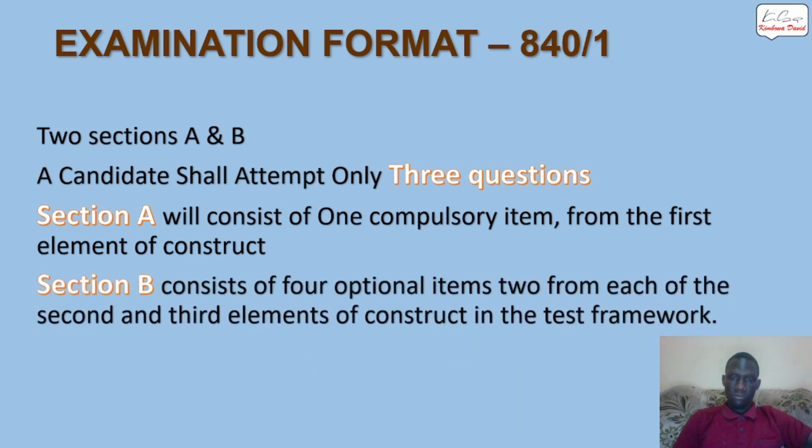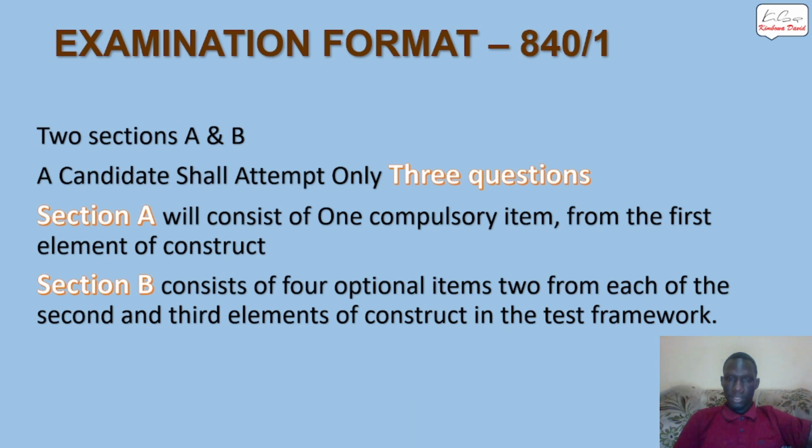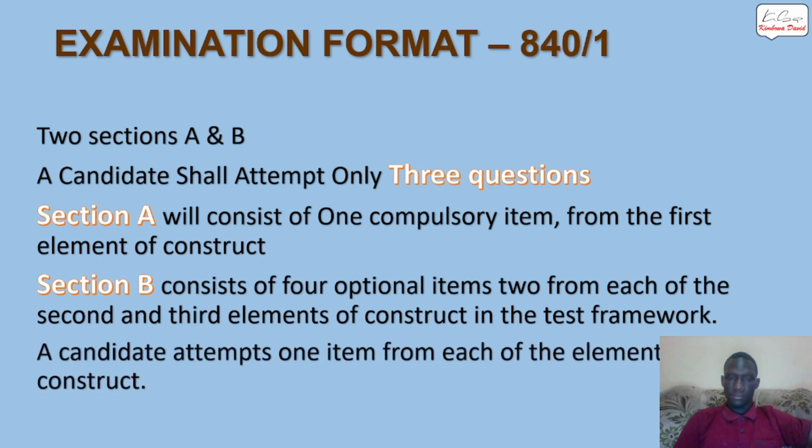Section B consists of 4 optional items, 2 from the first element of construct, and then 2 from the second and the third elements of construct. A candidate attempts 1 item from each of the elements of construct.